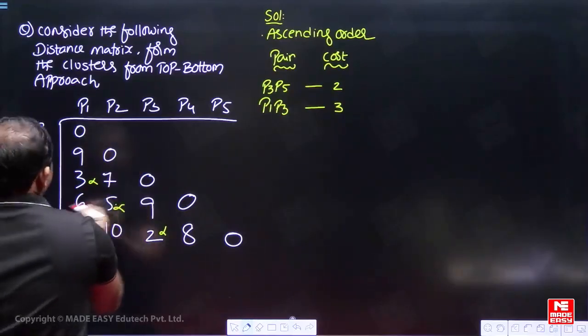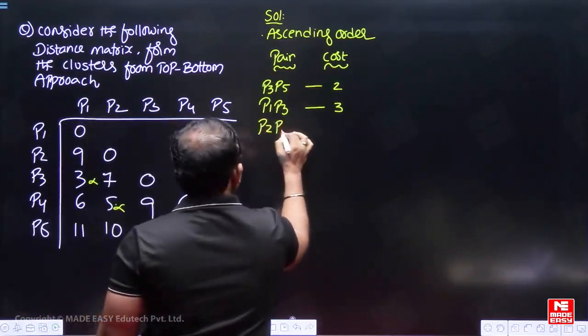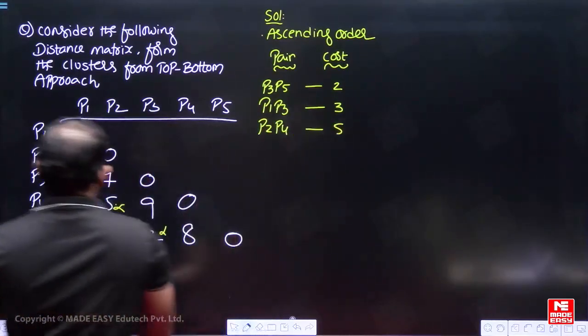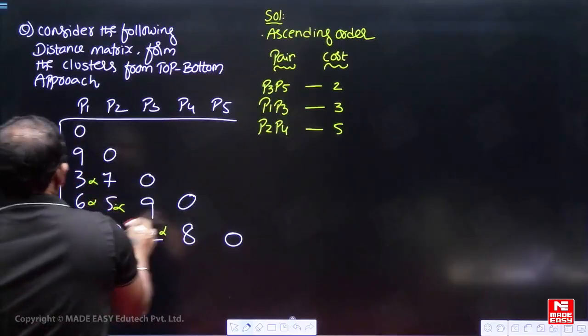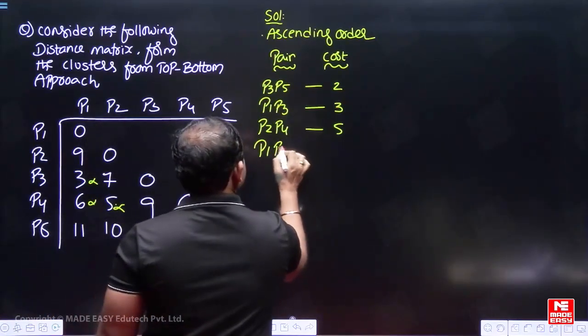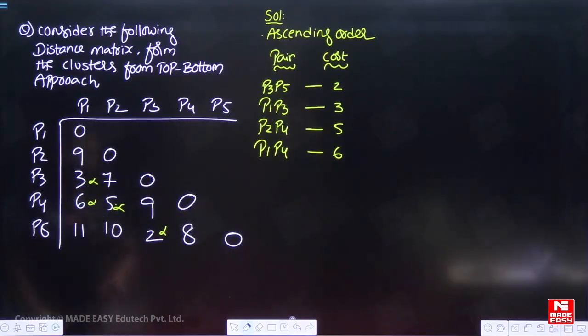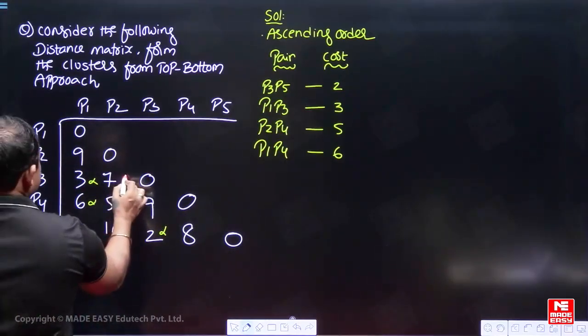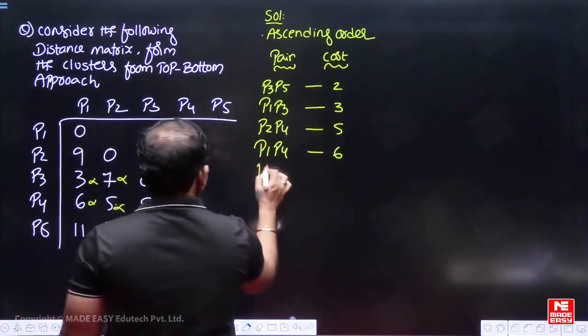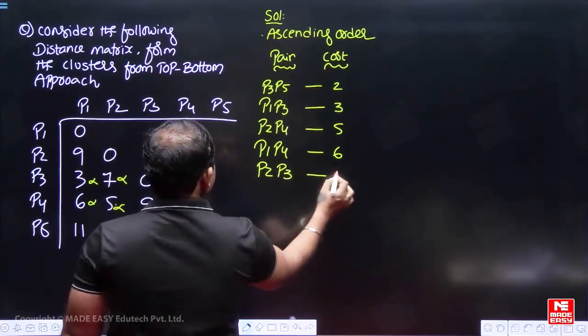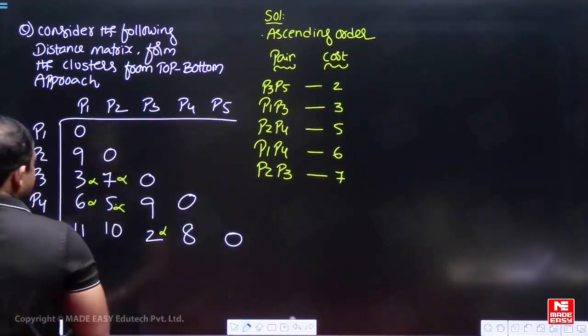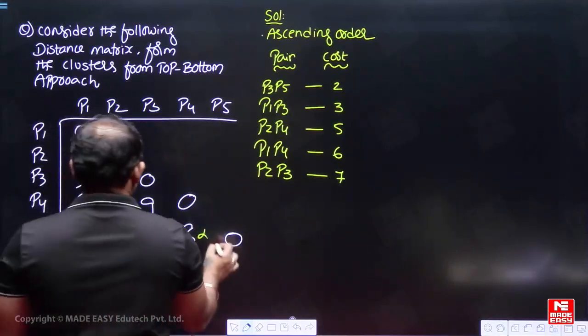P2, P4, 5. Next 6, P1, P4. Over. Next 7, P2, P3. Okay. Next 8, P4, P5.